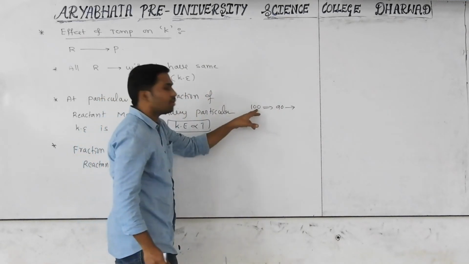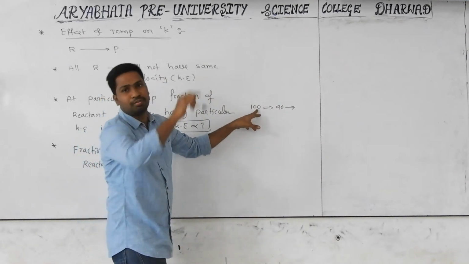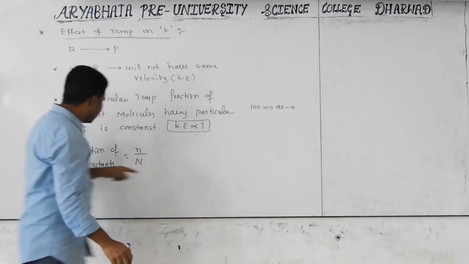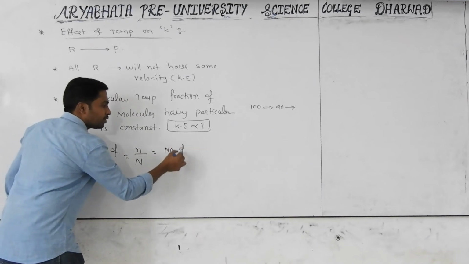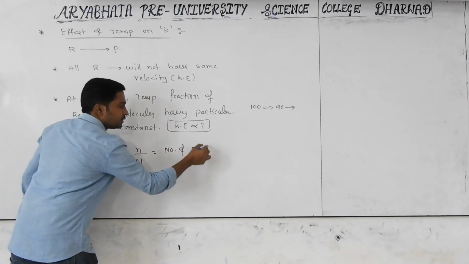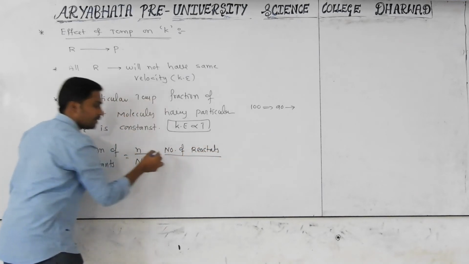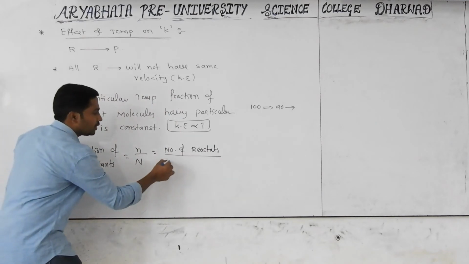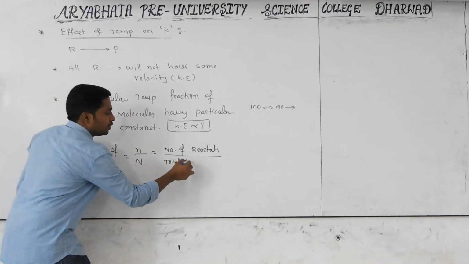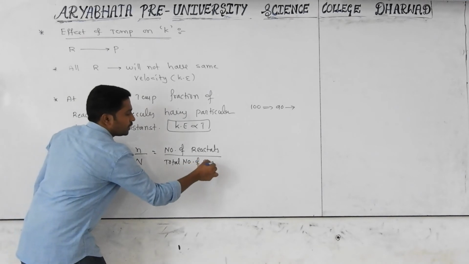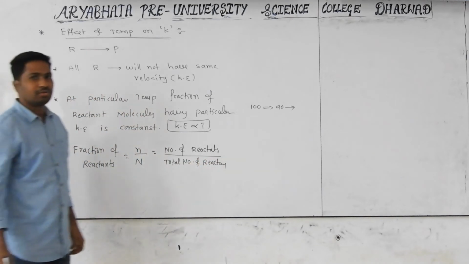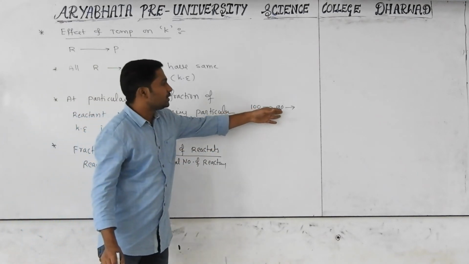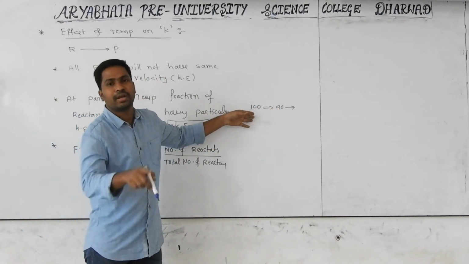The ratio is called the fraction of molecules. Small n is the number of molecules having that particular kinetic energy, divided by the total number of reactant molecules. This ratio only we are calling the fraction of molecules. Here it is nothing but 90 by 100, 0.9.